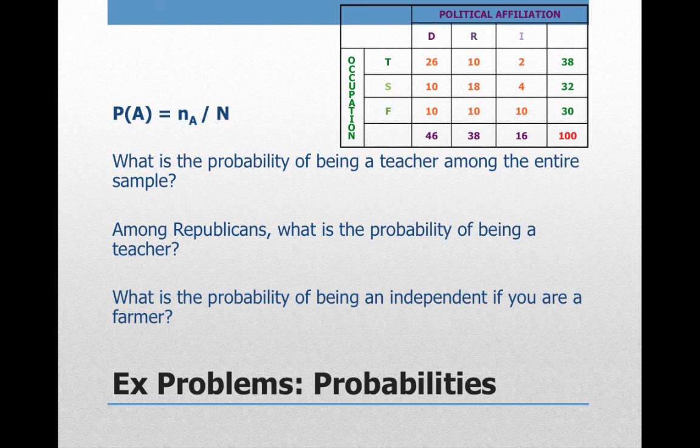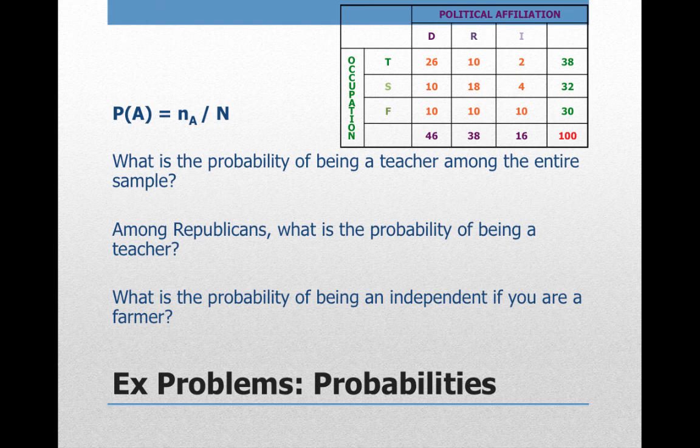What is the probability of being a teacher among the entire sample? So in this case, we want to know the probability of being a teacher, and then you have among the entire sample. Given that, what do you think is going to be your denominator and which one's going to be your numerator? Is it going to be teacher or your entire sample? Your denominator is going to be your entire sample, because this is what we want to look at among the entire sample.